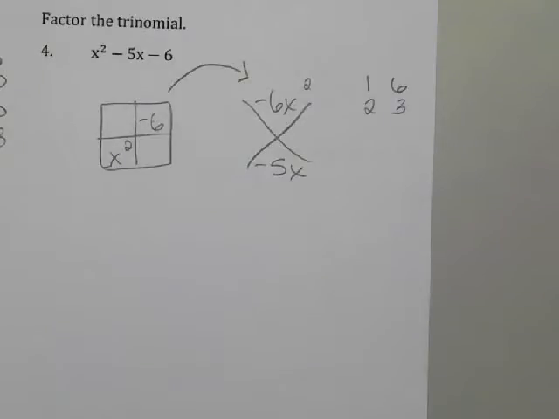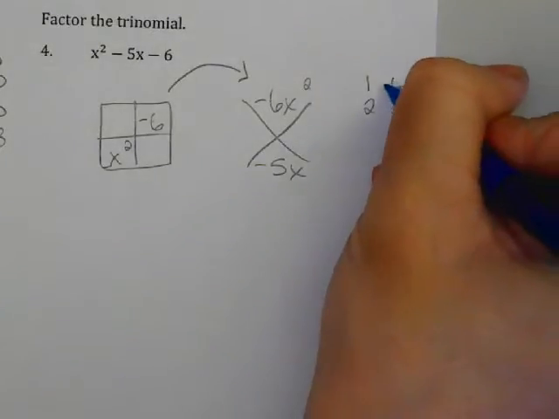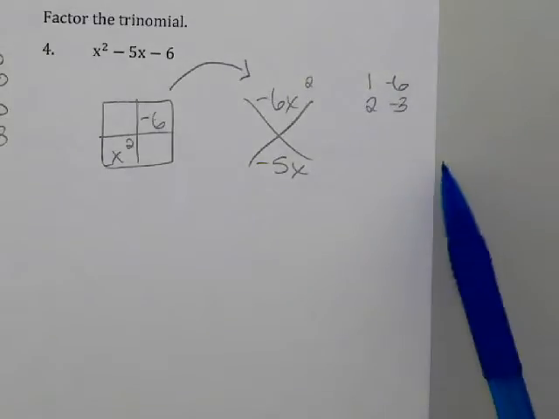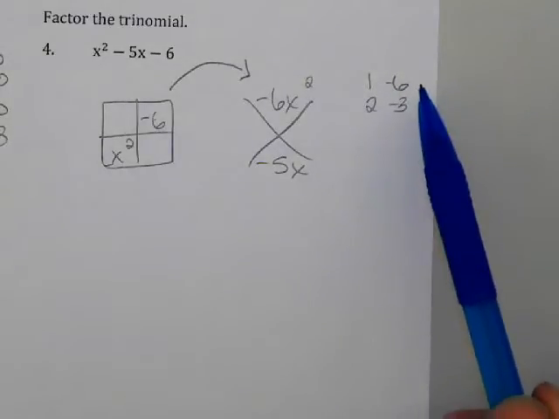And then I factor. What can I factor out of this column? What can I factor out of negative 6x and x squared? Negative 6? No, because x squared doesn't have a negative 6. What can I take out of both of those?